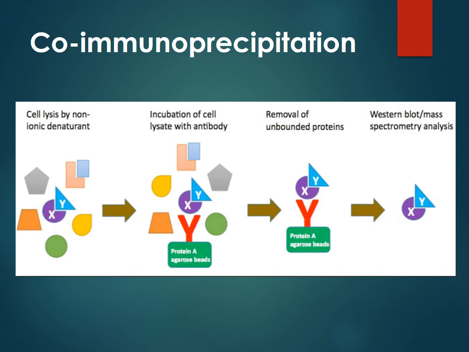And so we have an antibody, and there's something called protein A agarose beads. What that is a lot like the affinity resin, but these agarose beads are very large and have a density and weight to them. It's kind of like a molecular anchor. And you're saying, what's protein A?